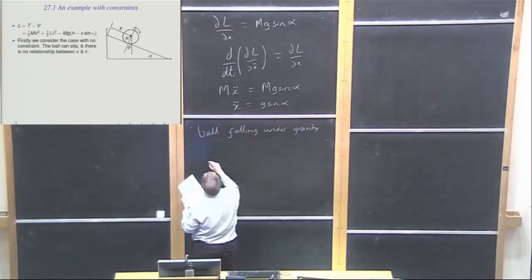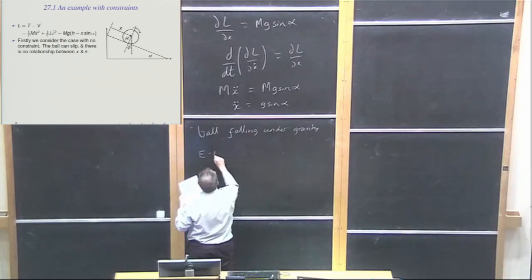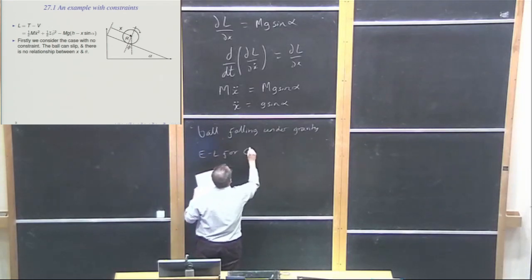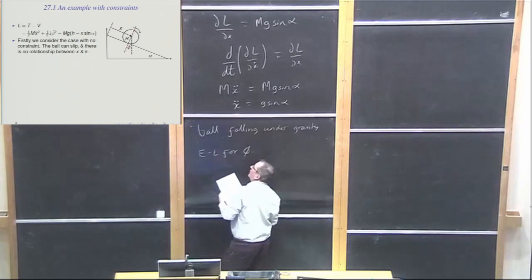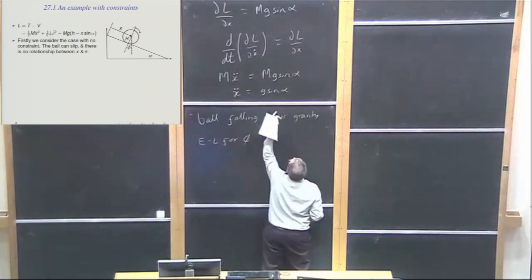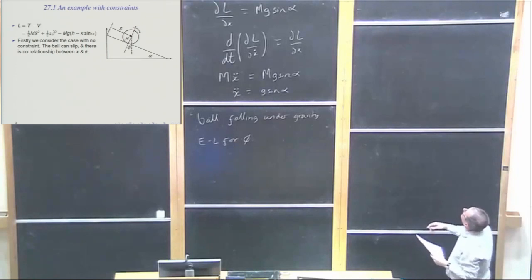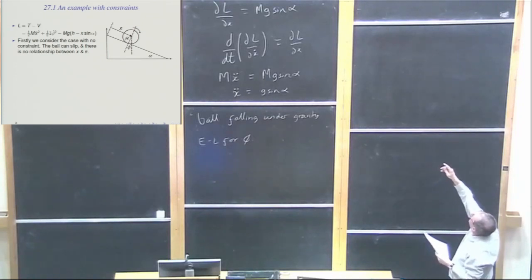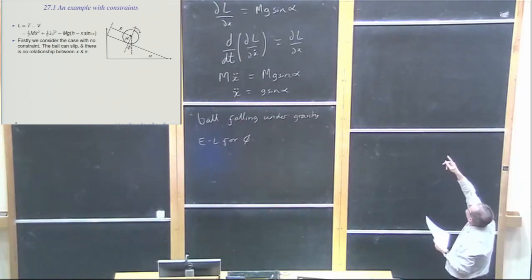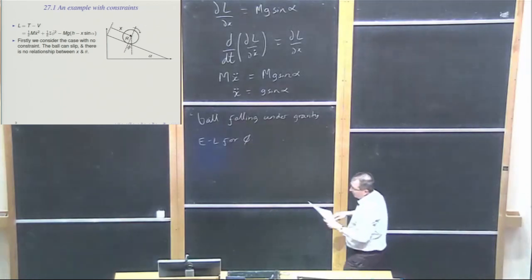Now what about Euler-Lagrange for phi? So again, having done it once, let me now just write down the result, but in this case it's very, very simple because L just depends on phi dot.